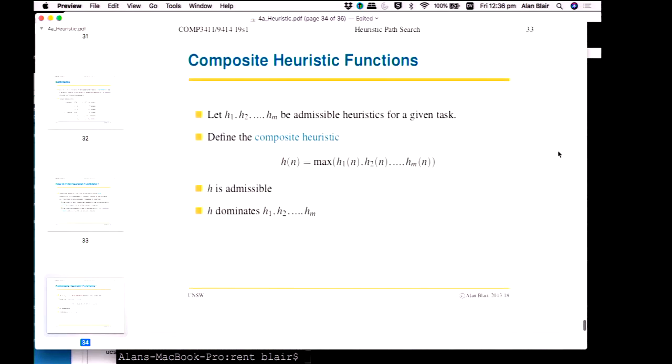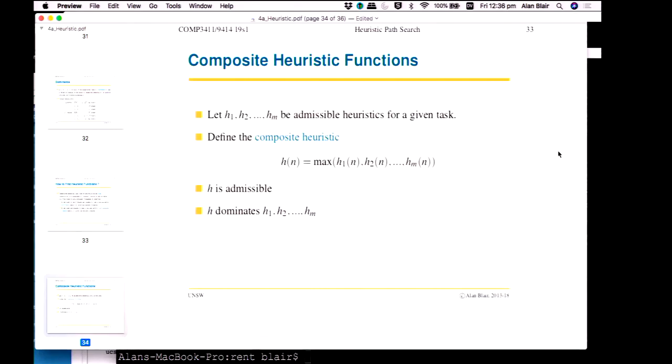Now, here's another thing to notice. Let's suppose I find several heuristics. Let's say I find two heuristics which are both admissible. If I compute the maximum of those two functions, that's also going to be admissible.